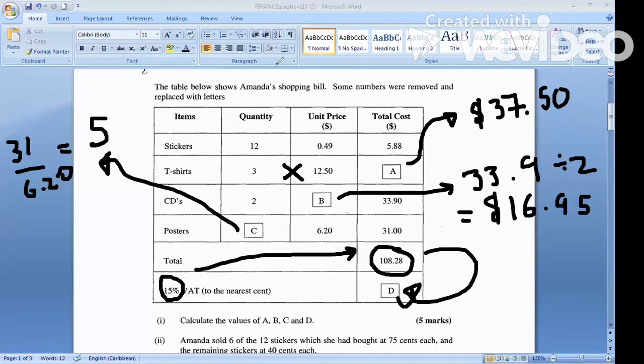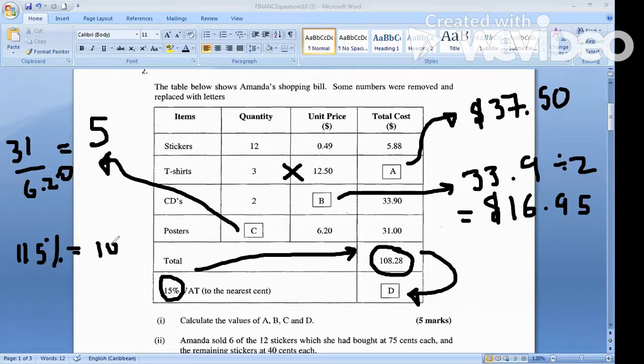So you're going to find 15% of this, or you could find 115%, which is faster. You get 115% of 108.28 because when it's taxed, you add.